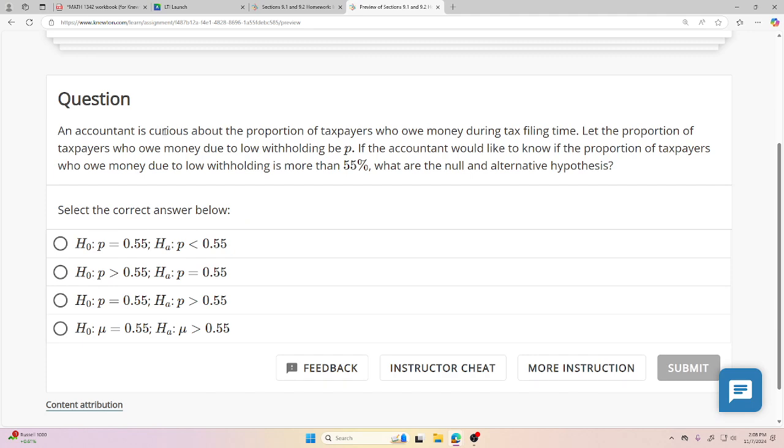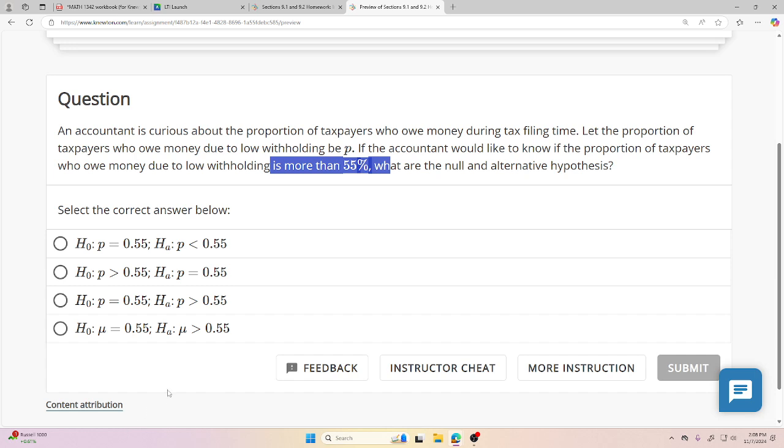An accountant is curious about the proportion of taxpayers who owe money due to low withholding. Let the proportion of taxpayers who owe money due to low withholding be P. If the accountant would like to know if the proportion is more than, so which one would make sense here?